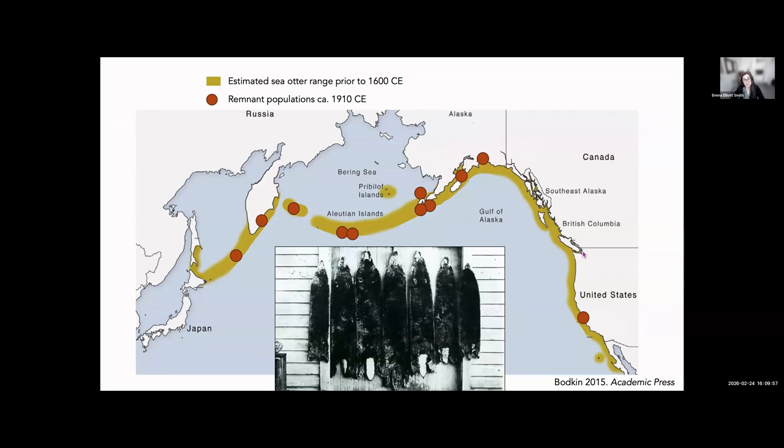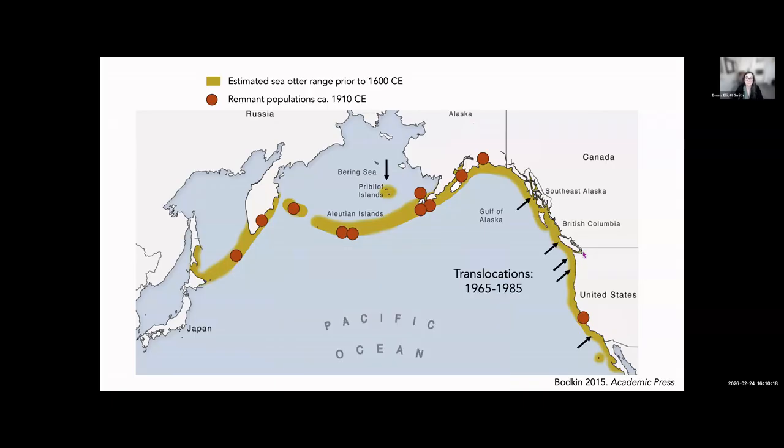And unfortunately, indigenous communities were often coerced or forced into this trade, hunting sea otters under really violent colonial systems. So by 1900, it's estimated that only 1,000 to 2,000 individuals were left worldwide. And you can see the red circles on this map show the remnant populations that we're aware of that were scattered throughout the Pacific Rim.